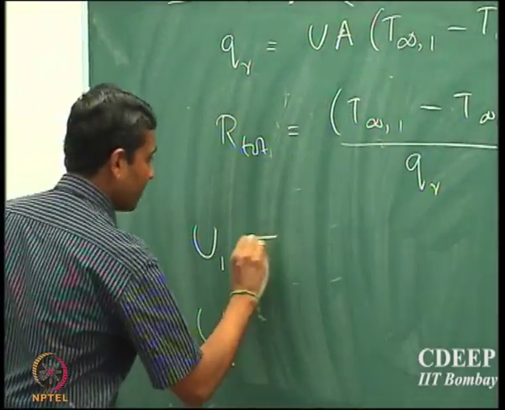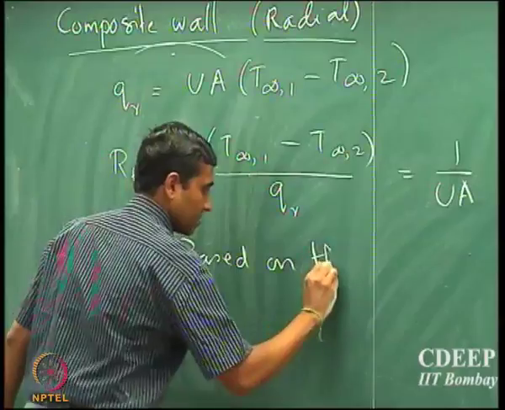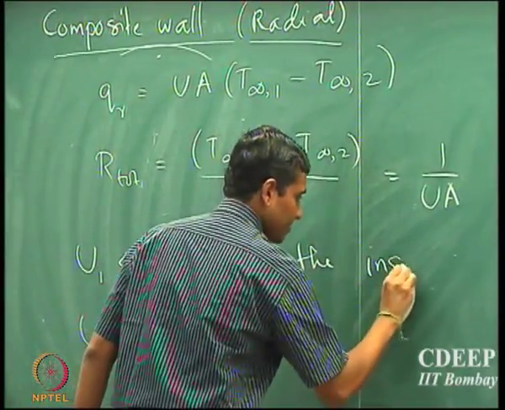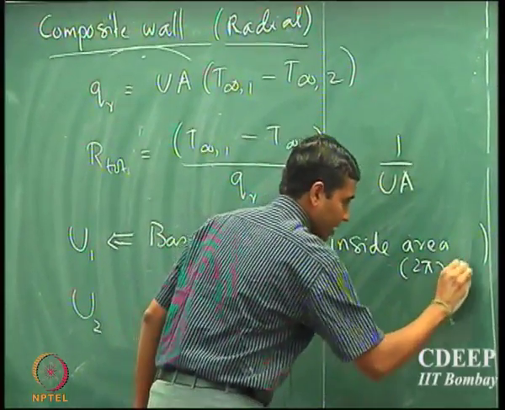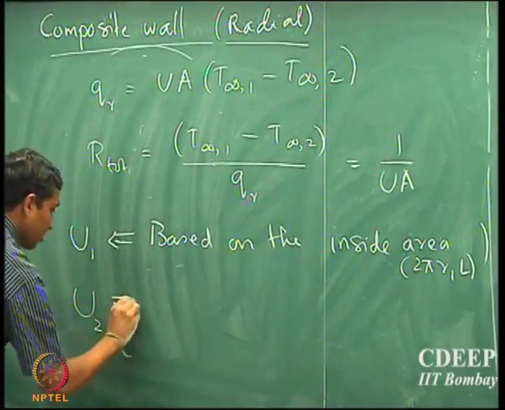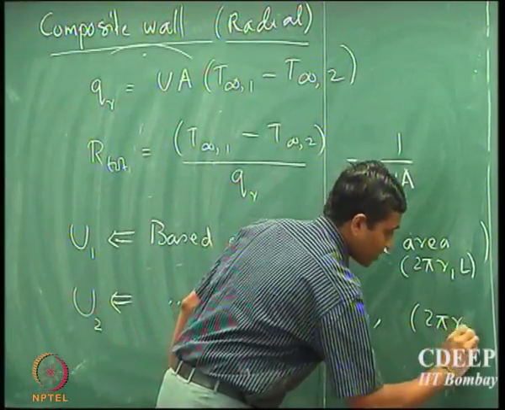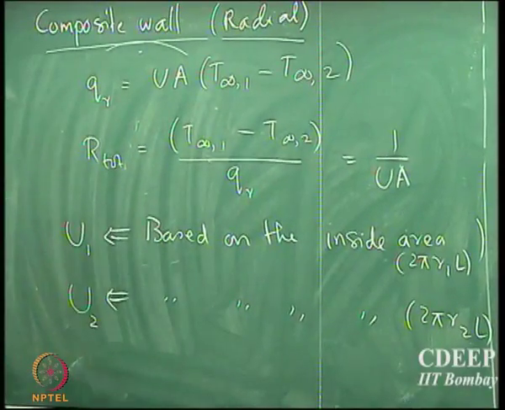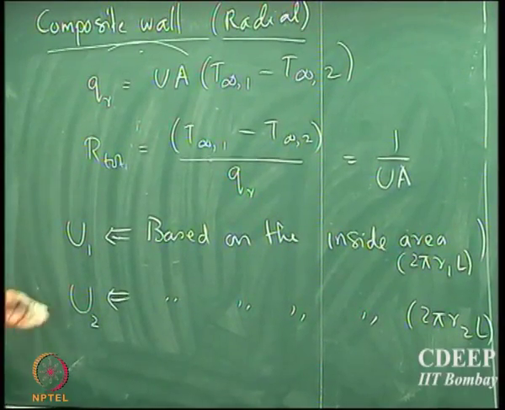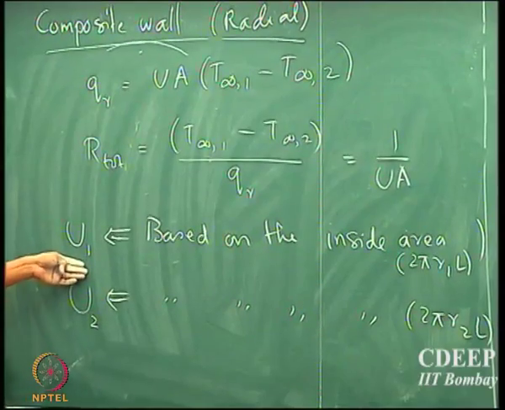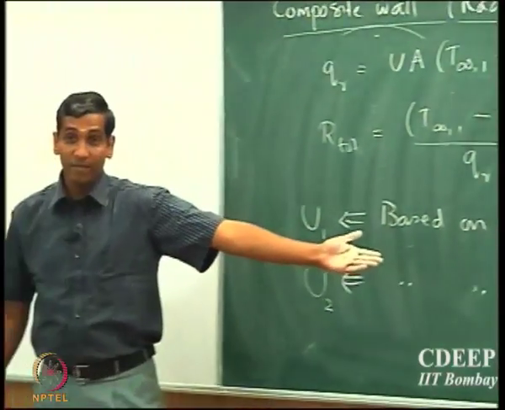U1 is based on the inside area, 2 pi R1 L, and U2 is based on 2 pi R3 L. So if you have a varying cross sectional area system, then the overall heat transport coefficient is defined based on the area of interest.